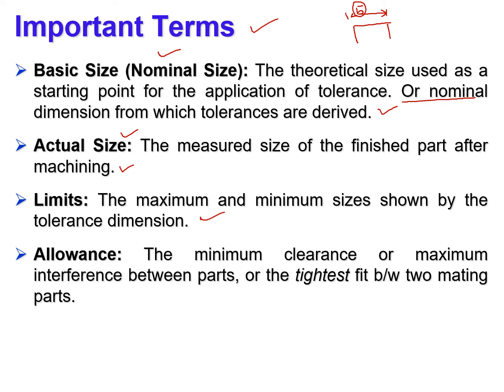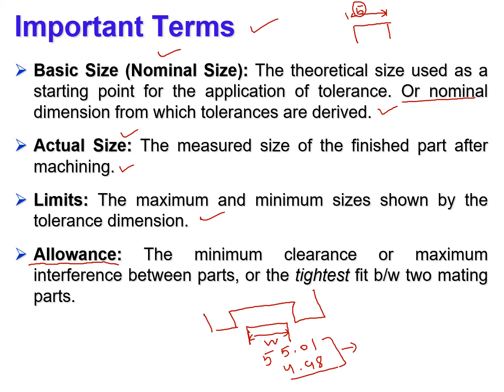As I discussed in the classroom, in our physical lecture, I said that tolerance is for a specific part. For example, if this part has a certain width, say the width is 5, and I assign two dimensions, then this is for this specific part. These tolerances are specific to a part. But let's say this part is to be fitted in a hole like this.